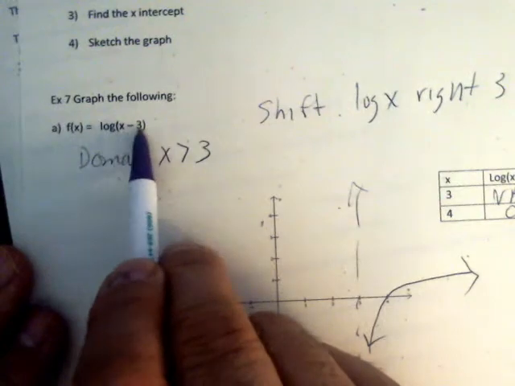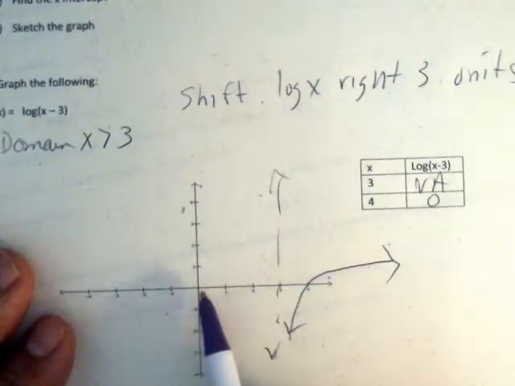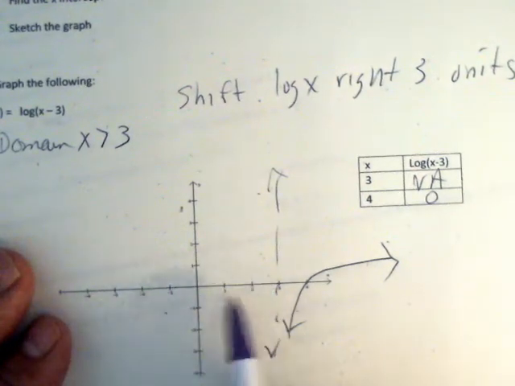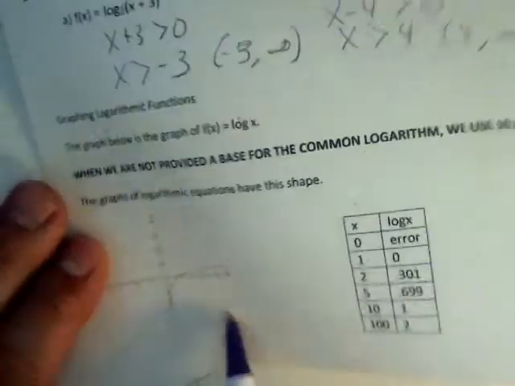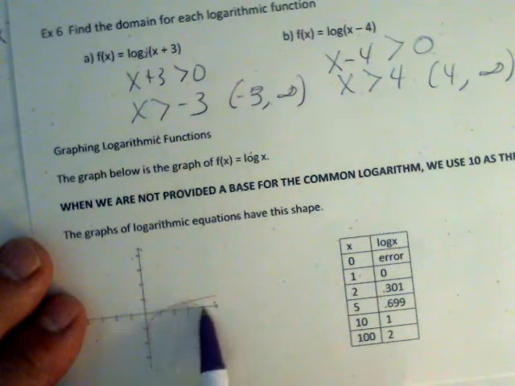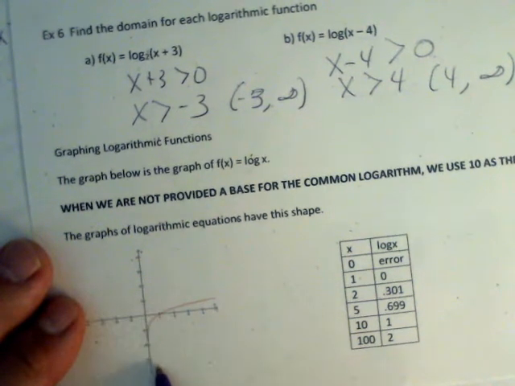Horizontal shift because it's in parentheses. And that's what I did. I shifted my vertical asymptote 1, 2, 3, shifted my x-intercept 1, 2, 3. So really, I just took this shape right here. There's my x-intercept, and shifted it right 3 units. So don't forget, this line here borders the y-axis. It looks like it stops, but it doesn't.